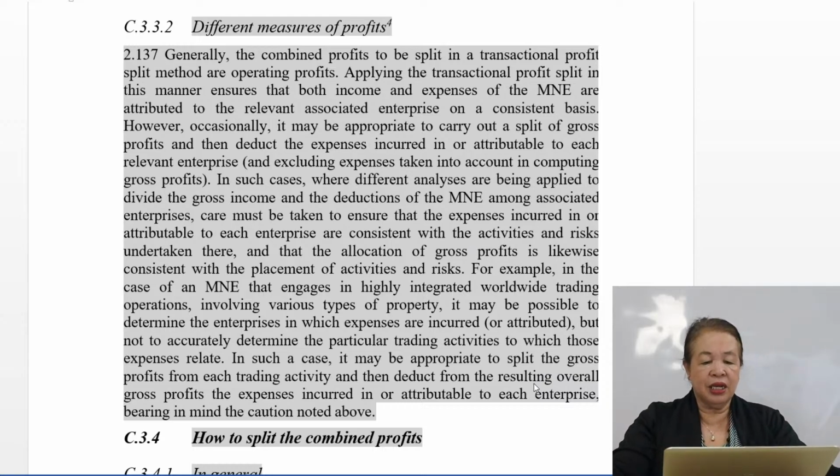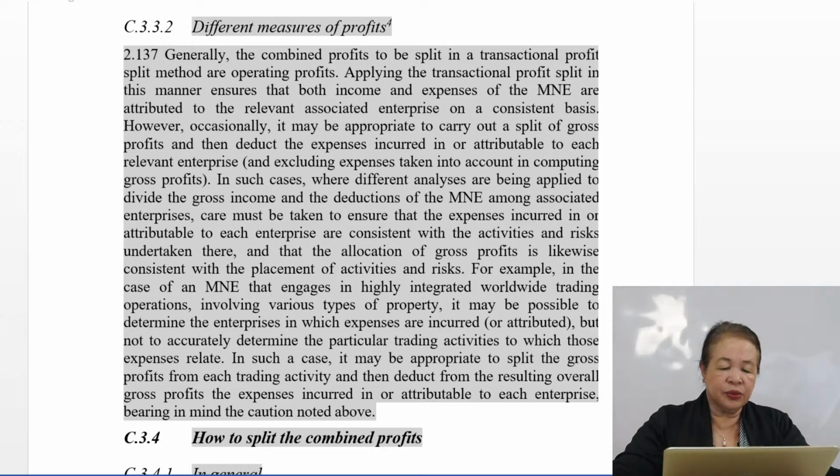However, occasionally it may be appropriate to carry out a split of gross profits and then deduct the expenses incurred in or attributable to each relevant enterprise, excluding expenses taken into account in computing gross profits. No?